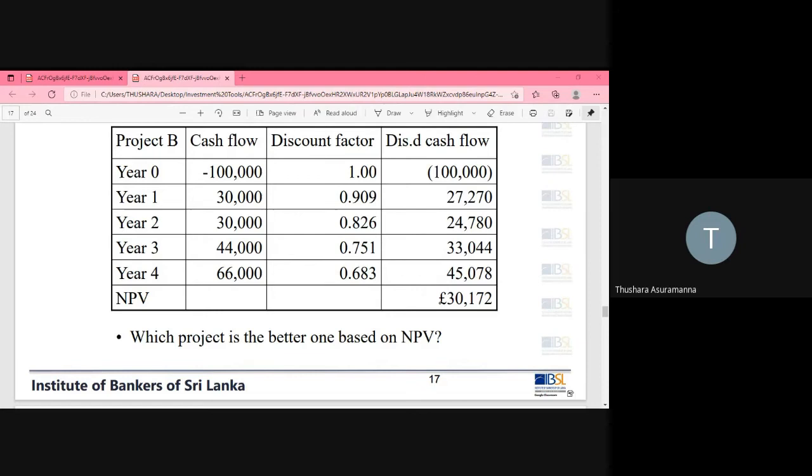So that is basically, with the time value input, we try to see what is the rate produced by the project.